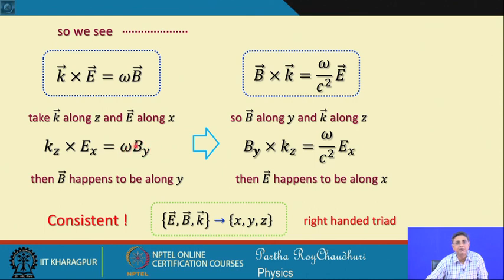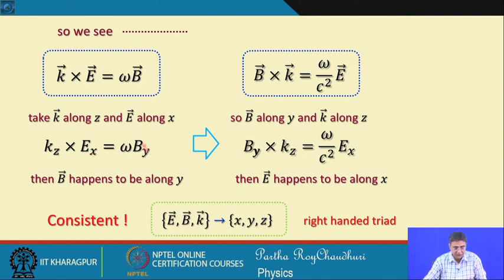So, that should yield B y. That means, if I take K along z and E along x, I should expect that B should be oriented along y, z x y.